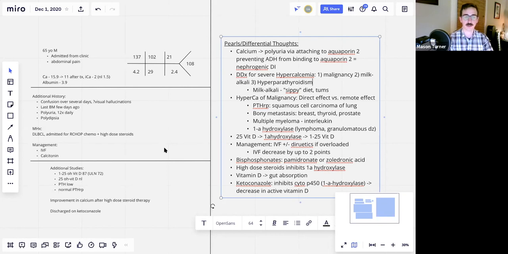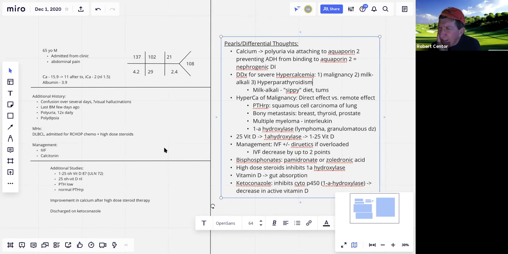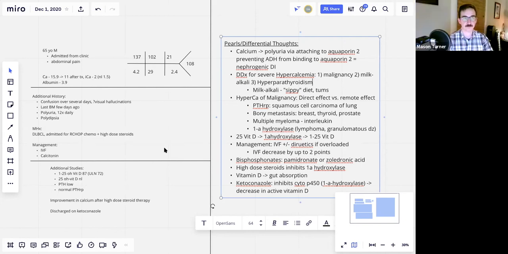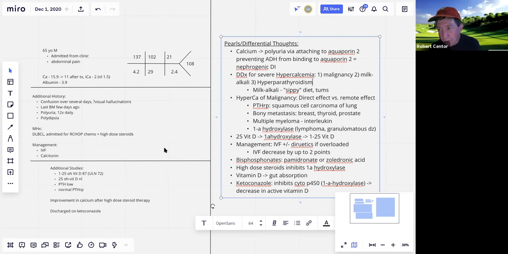But in general, in these patients, you definitely can counsel them on what kind of foods are low calcium and that they should eat those instead. If I remember right, Mason, he had failed his first round of chemotherapy and radiation, and so we were at the rescue point. And so he was going to palliative care. So you really don't want to give him much calcium then.